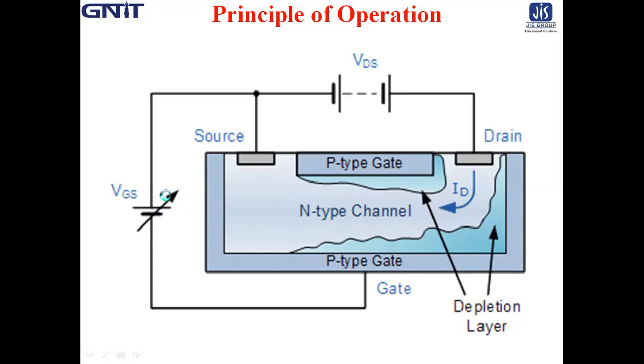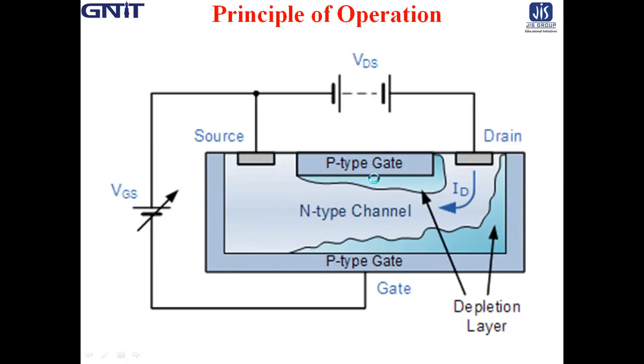A depletion region devoid of mobile carriers is formed, which extends more towards the lightly doped N-type bar than towards the heavily doped P plus type gate.